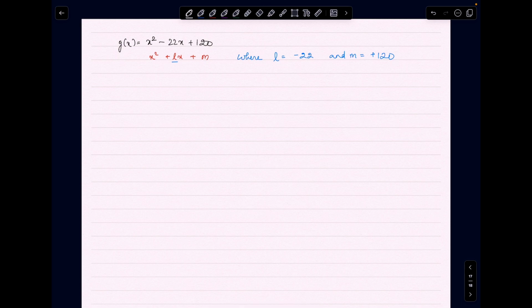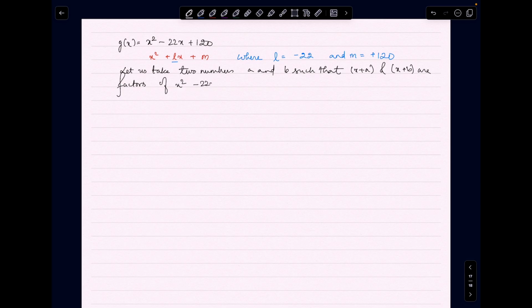Now let us take two numbers a and b such that x plus a and x plus b are factors of x square minus 22x plus 120.